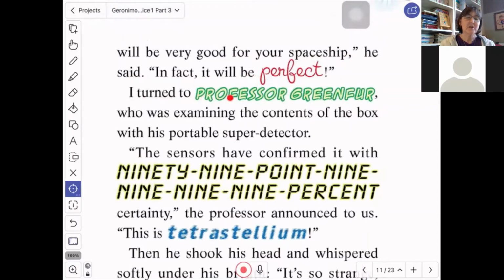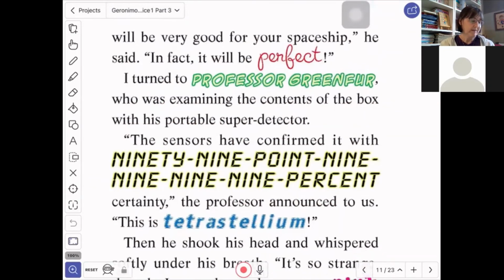I turned to Professor Greenfur, who was examining the contents of the box with his portable super detector. The sensors have confirmed it with 99.9999% certainty, the professor announced to us. This is tetrastellium.